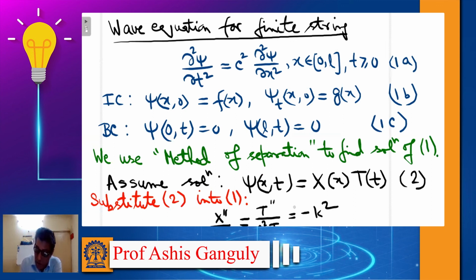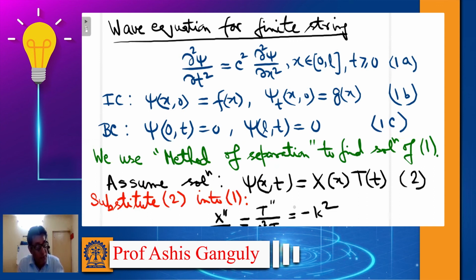So we are taking this constant as minus k square just for convenience. If you take k square, then in the solution a root will come. But at this moment, you have to understand that this k is not known. Whether it is real or complex, what are its values, we don't know.